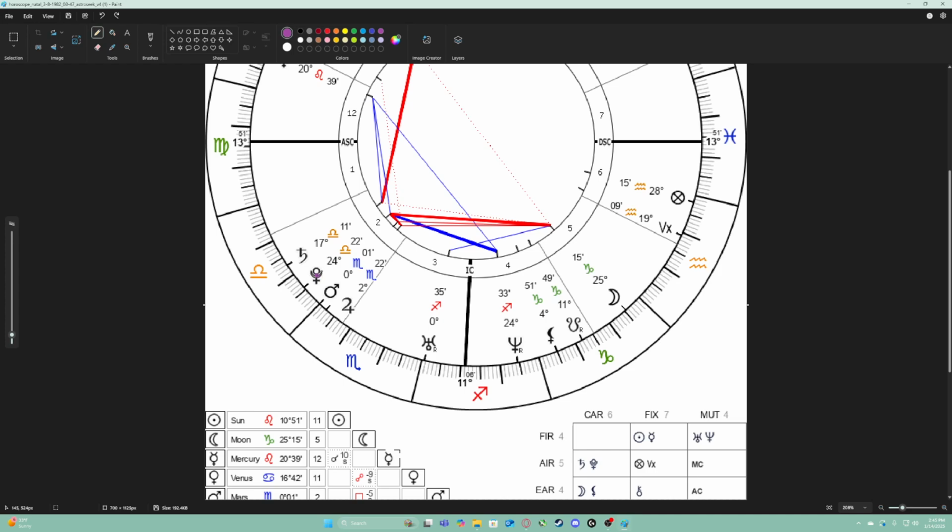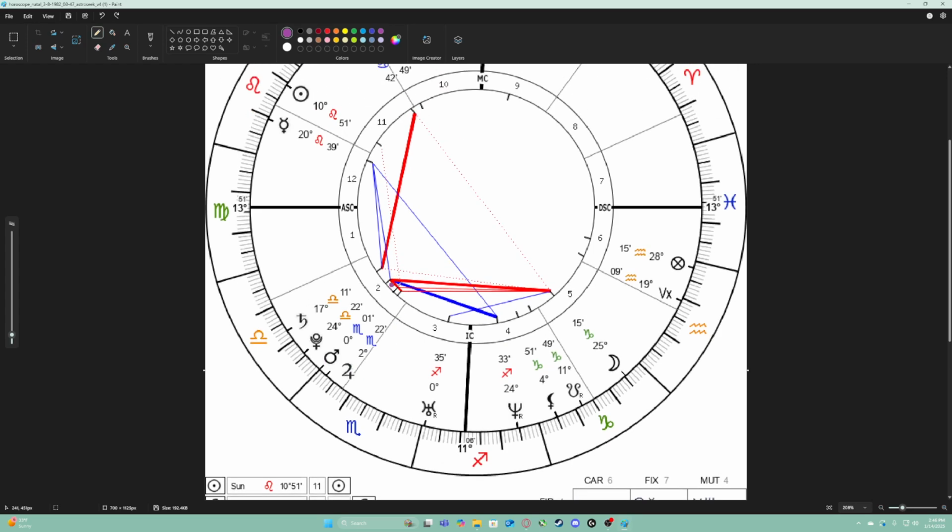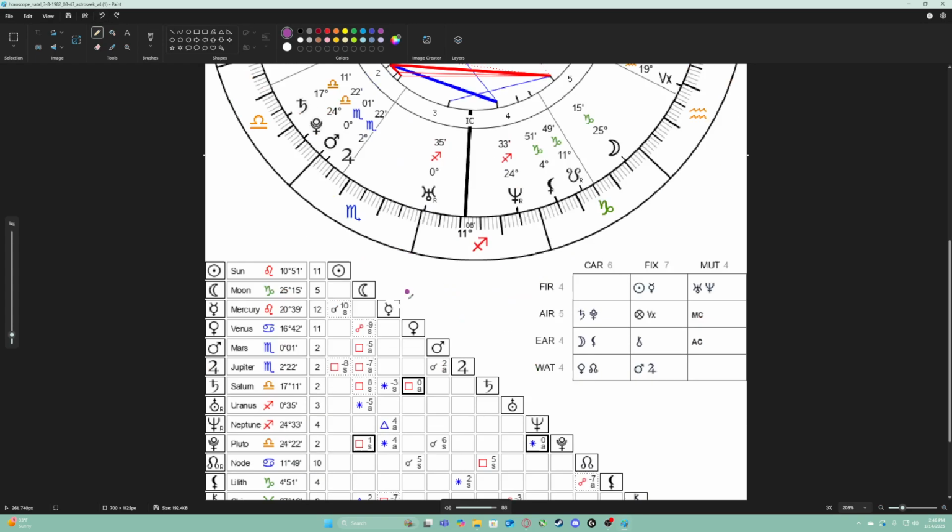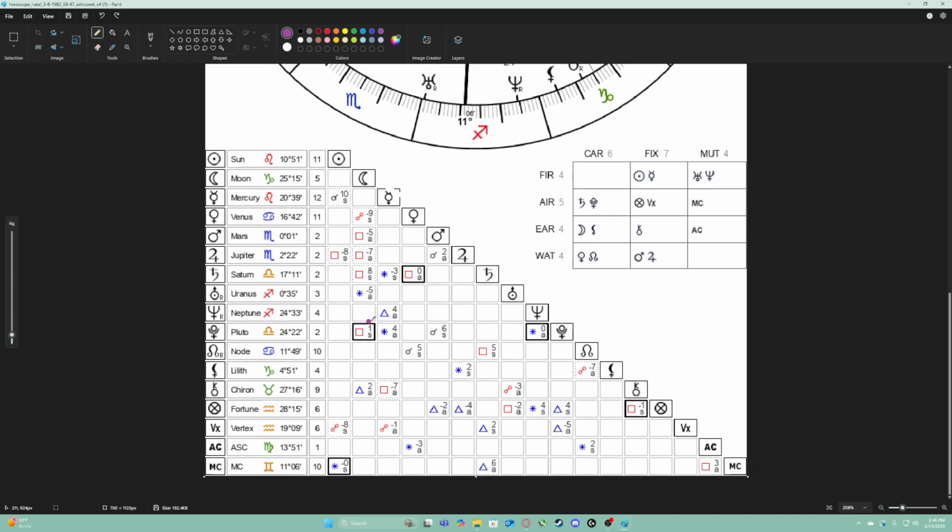A trine is when two planets make an angle that is 120 degrees away from each other, right? So you can see these blue lines, right? This would be a trine. So Neptune is trining. No, is that a trine? I think it's a sextile, but let me show what it looks like.